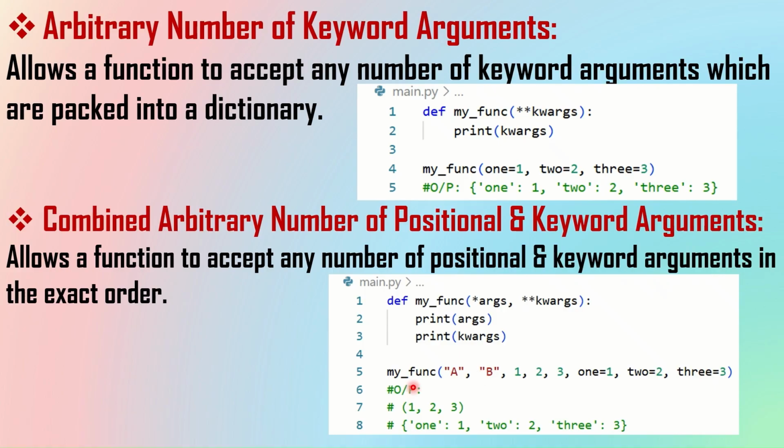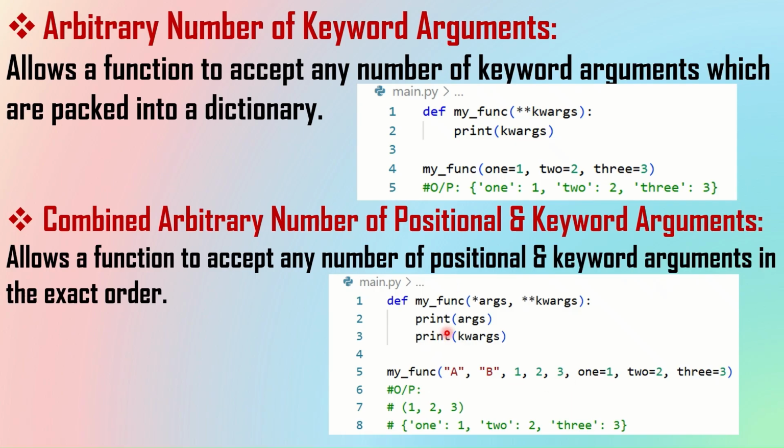In the output, whenever this function prints these args, they will be in the form of a tuple. Sorry, here I have wrongly typed the output. We should have the A and B values also in the tuple. So inside the tuple, what values can we get? A, B, 1, 2, 3.